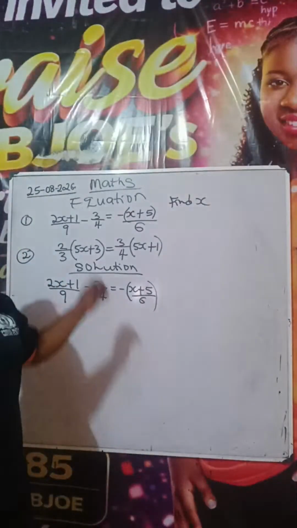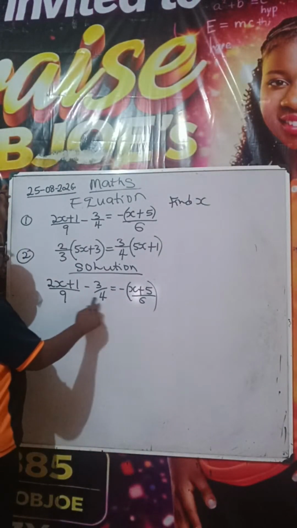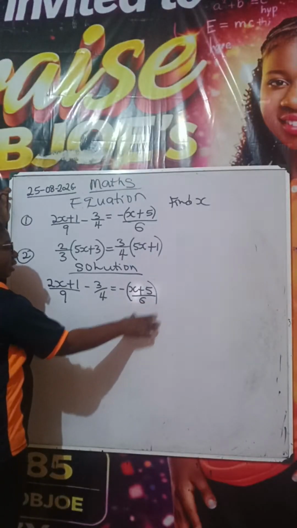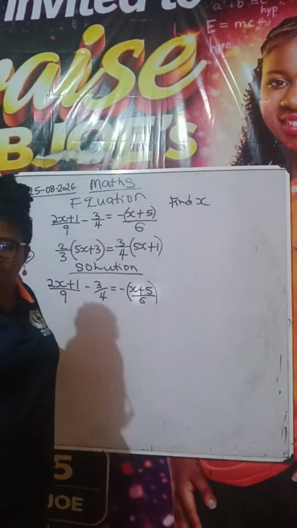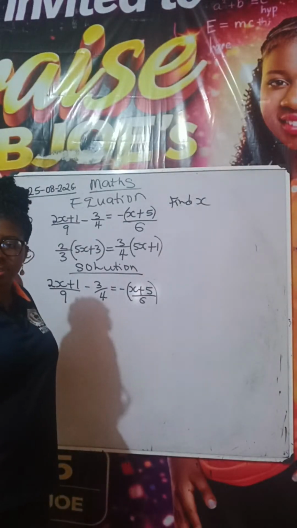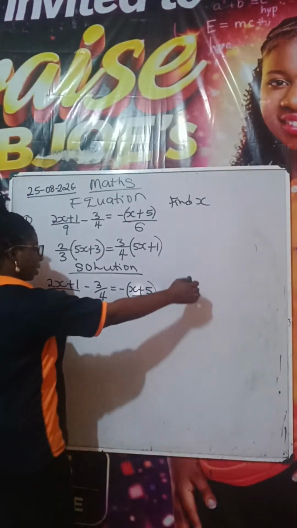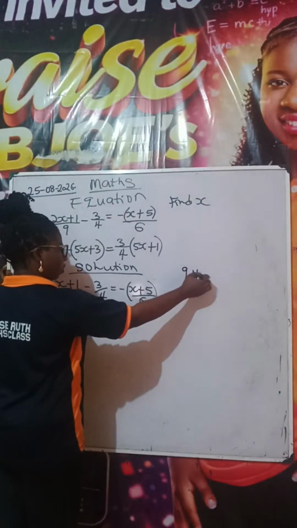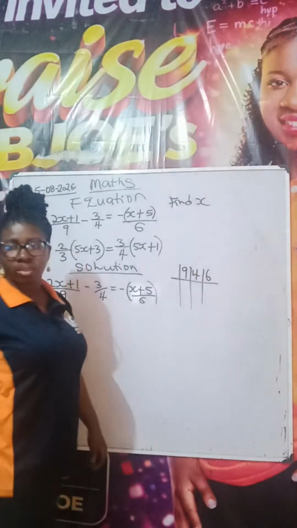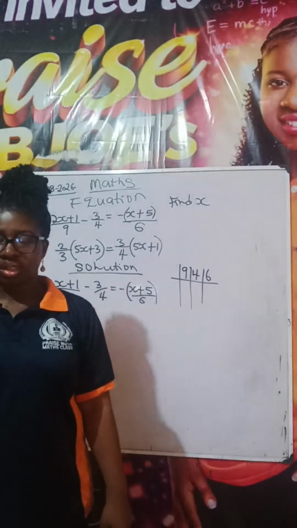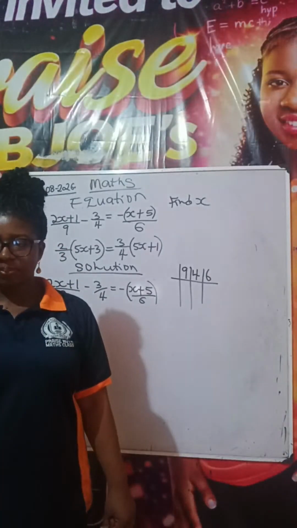So what is the LCM of 9, 4, and 6? We need to calculate the LCM of 9, 4, and 6. Let's do it together, okay?